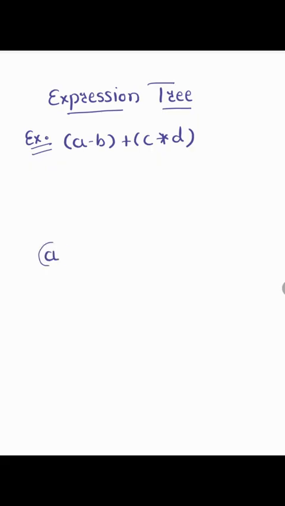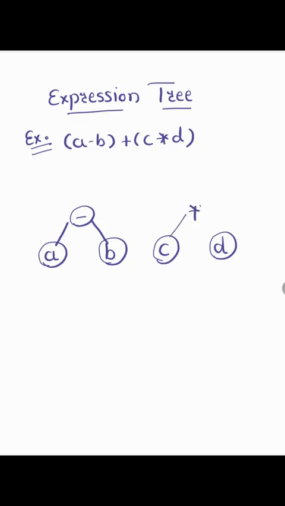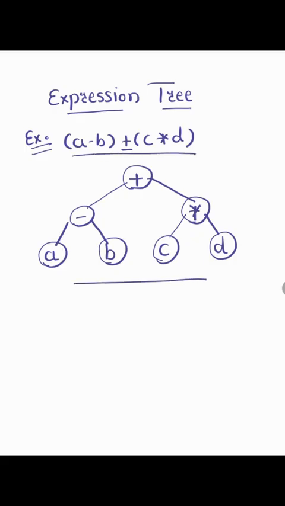So the expression tree of that looks something like this: a and b would be leaf nodes, and then we have this minus, then c and d, it is multiplied, so that would be an internal node, and this plus, so here I have this plus, right? So this is the expression tree for this expression.